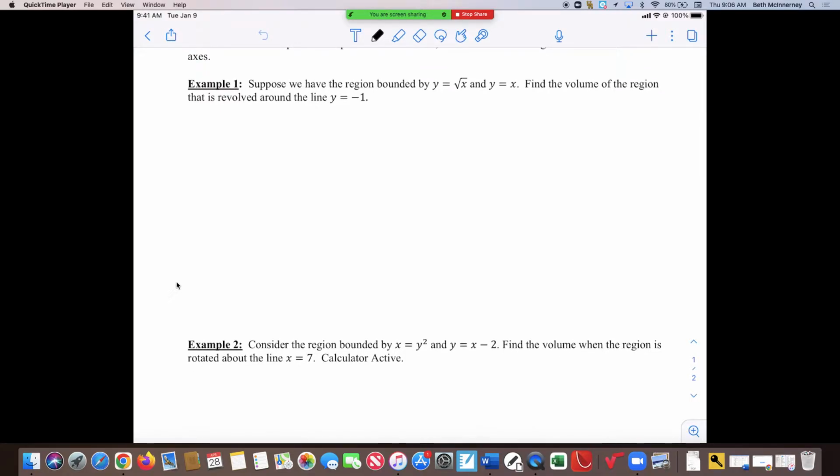What I'd like you to do is make a sketch, determine the region, determine whether you have a vertical or horizontal axis of revolution, and see if you can determine capital R and lowercase r. Then I'll start working.